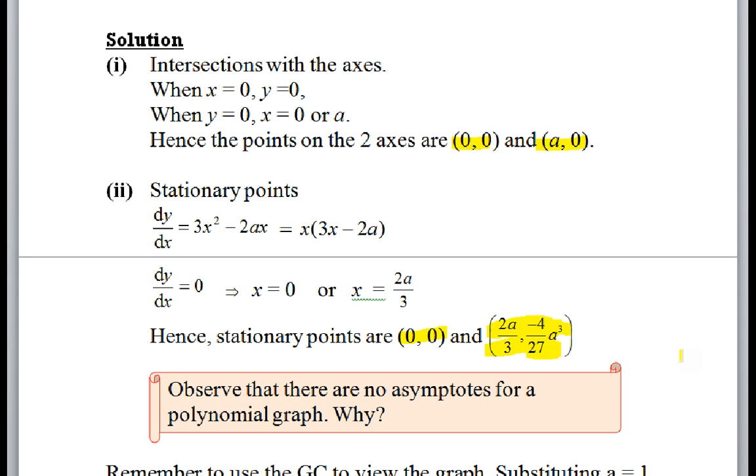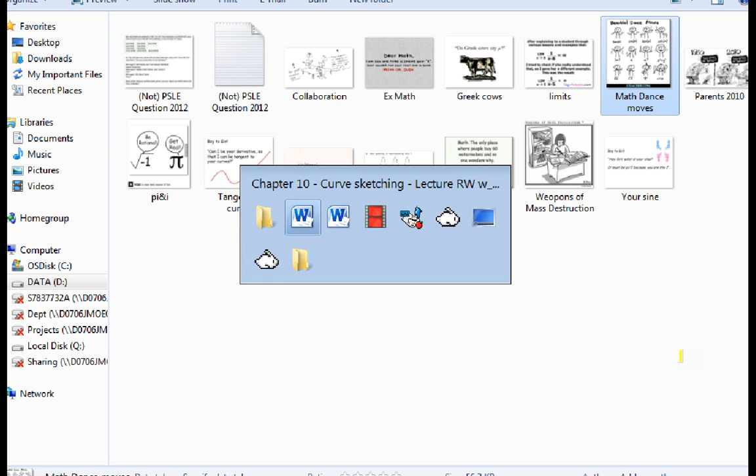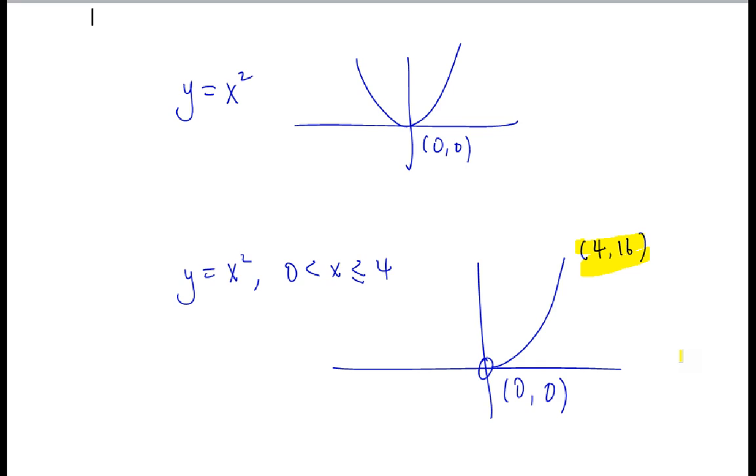Interesting question here. Observe that there are no asymptotes for a polynomial graph. Why? Look, how can there be an asymptote? Say y equals x cubed plus x squared minus 1. Whatever polynomial.